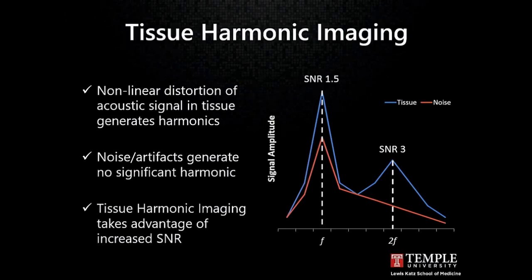Noise and artifacts don't generate any harmonic, so they drop in terms of their intensity and allow us to enhance the signal. Tissue harmonic imaging clearly takes advantage of this increased signal to noise, and it's an important concept that we use on a daily basis. Many of us probably don't even recognize that we're using it.